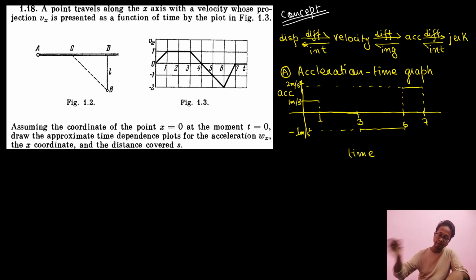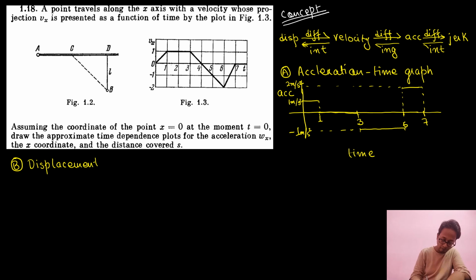Now we'll go to the second part of the question, that is the displacement time curve. We can simply say that dx by dt is equal to v. So what should be the slope so that the velocity occurs like this?